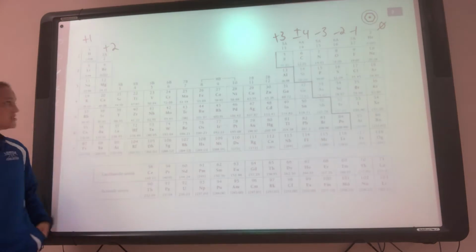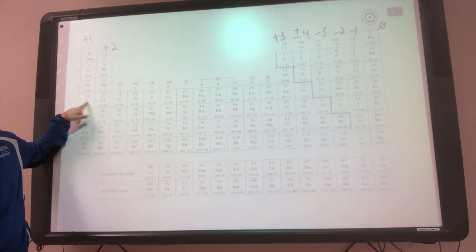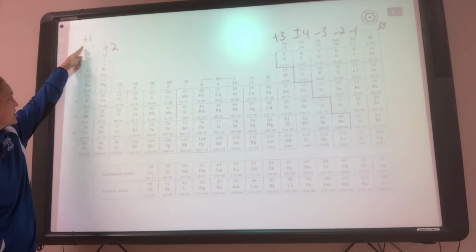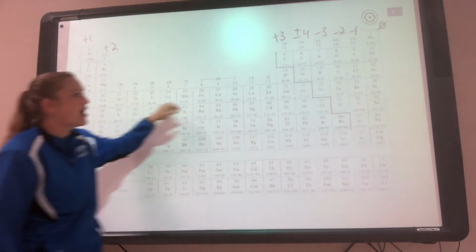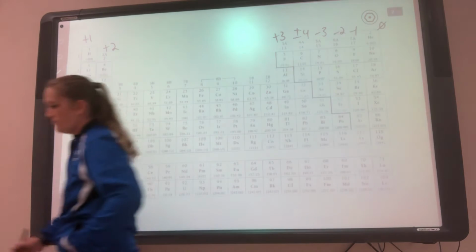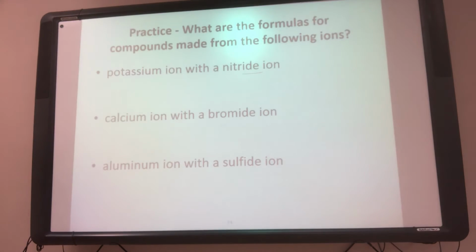Step one is to write the symbol. K is the symbol for potassium, so we want to make sure we remember that, and it's a +1. Nitrogen, N is my symbol, and it's a -3. So for potassium: symbol and charge, and then nitrogen, nitride: symbol, charge. Then we want to cross down.